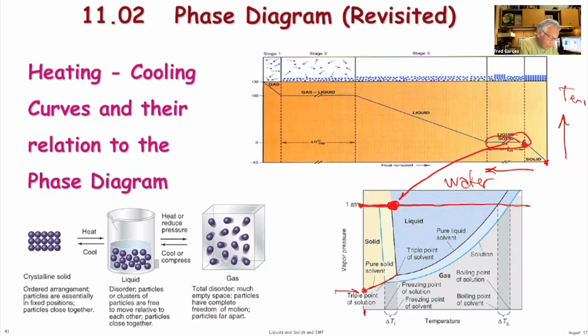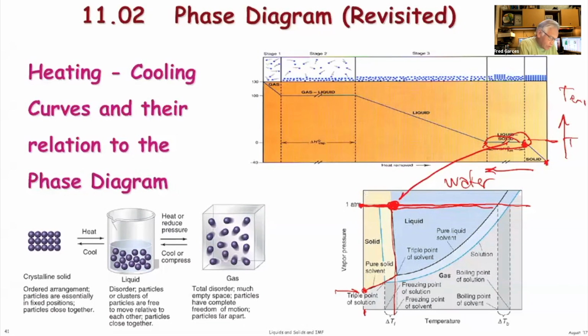Then once you put in enough energy, remember that the phase change happens at constant temperature. So that's why you're at one line. This is constant temperature right here.